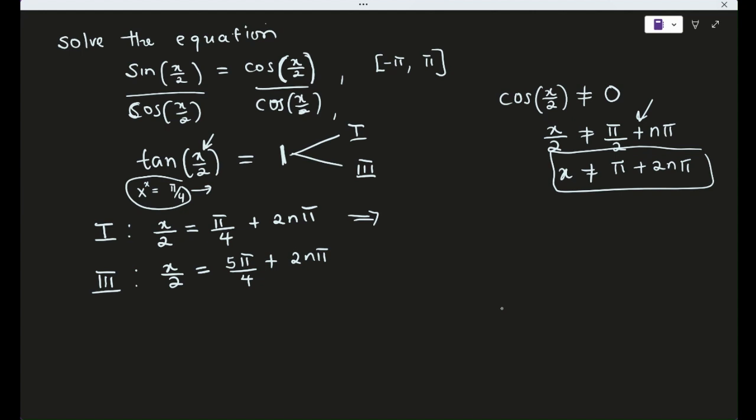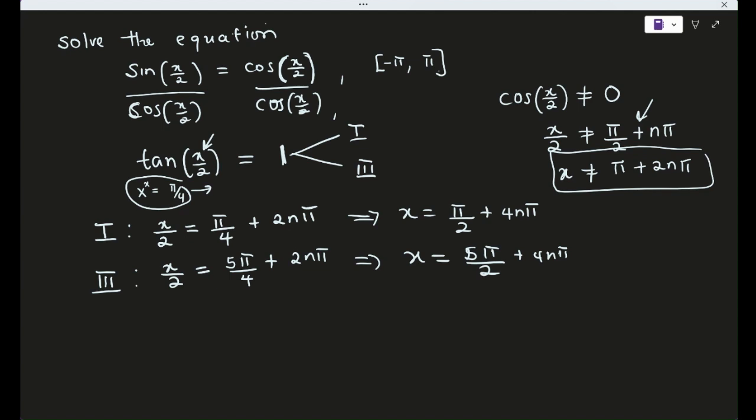To get x in this equation, I have to multiply both sides by 2. So x will be pi over 2 plus, let's say, 4n pi. And here also we'll have x is 5 pi over 2 plus 4n pi.